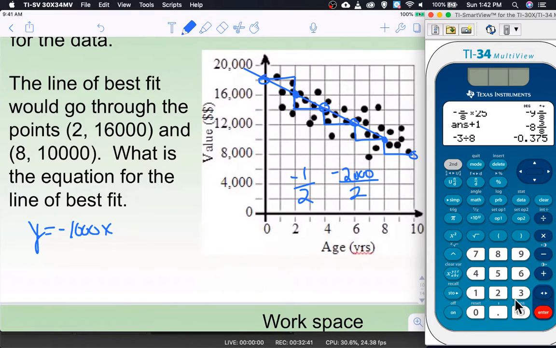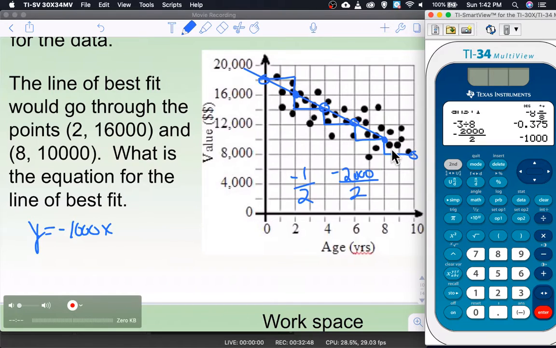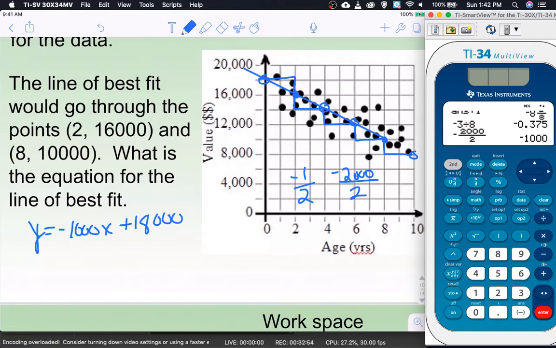My y-intercept, I can see, looking at the picture where it crosses the y-axis, is the number 18,000. That is the equation for this line of best fit.